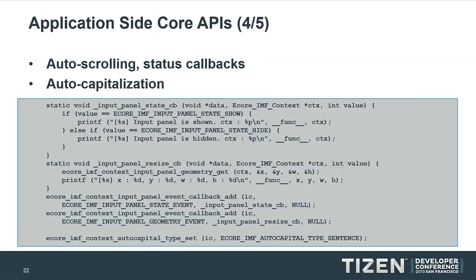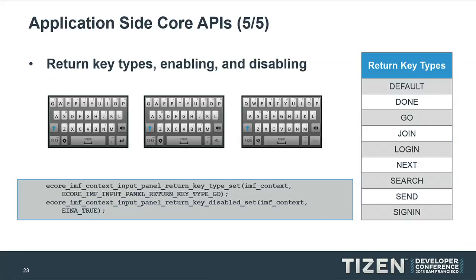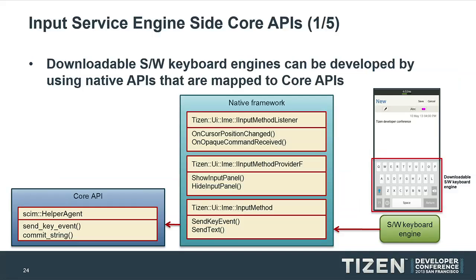So we can set the type of the auto capitalization, and we can change the return key types, such as those enumerations that we currently provide with the support. And we can disable or enable the return key.